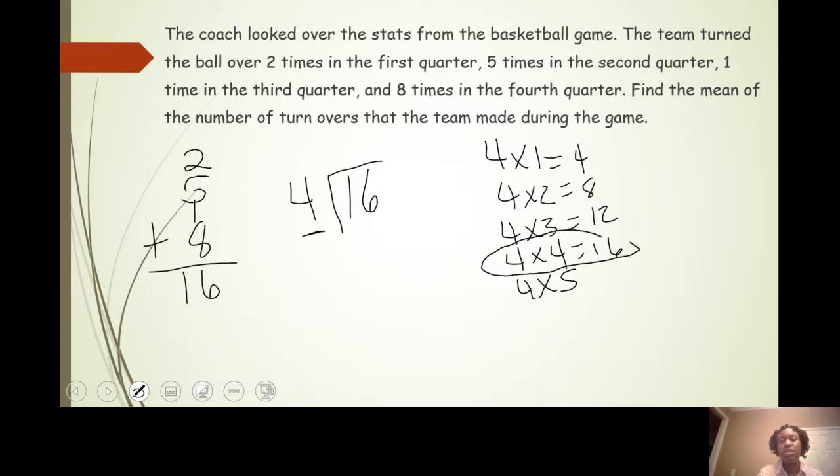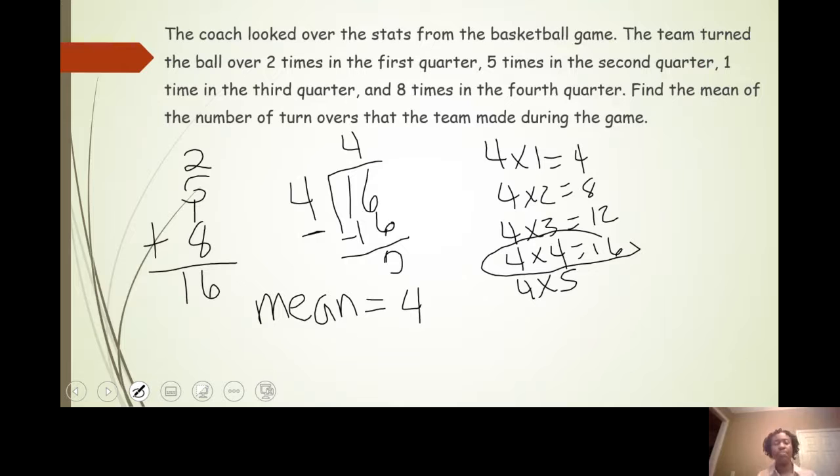I found it. So 4 is already there. I need another 4 on top. Then I subtract. Remember your steps from last week. And 16 minus 16 is 0. So the mean or the average number of turnovers for the game was 4. Okay. Next problem.